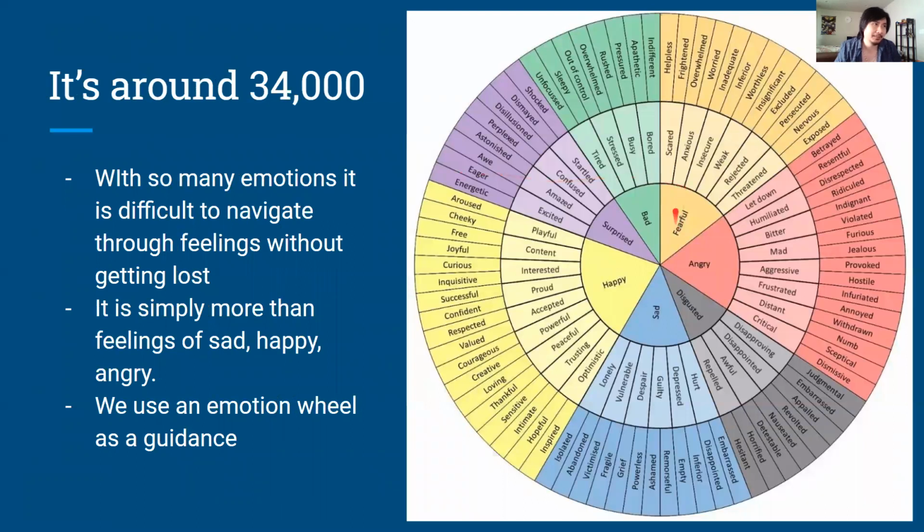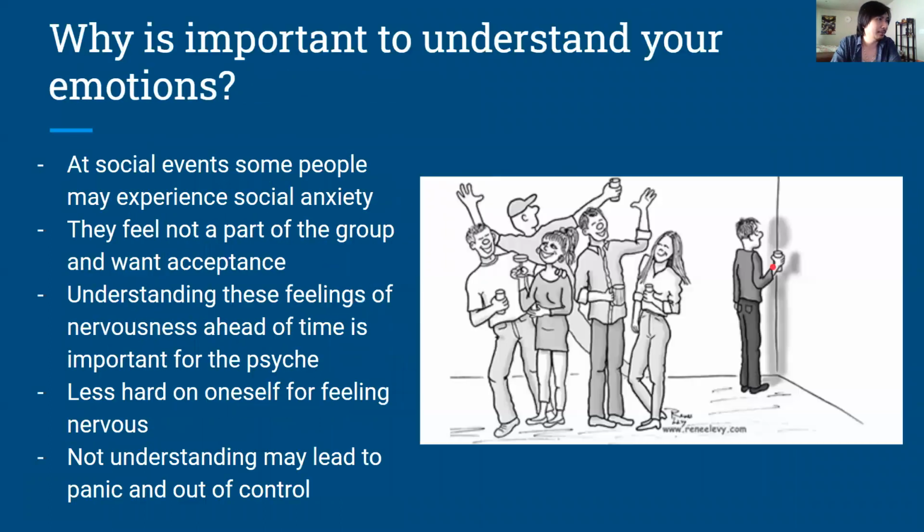We see anger. So these are all the different things that they feel. A lot of people feel annoyed, they feel hostile, disrespected, betrayed. So these are a lot of feelings that people who are protesting are feeling.